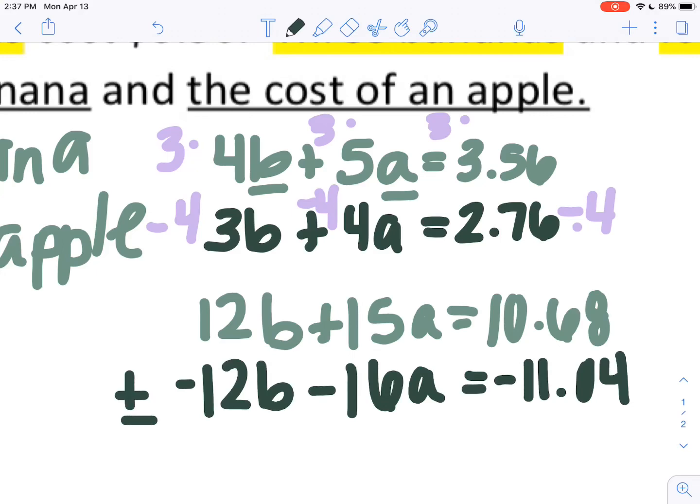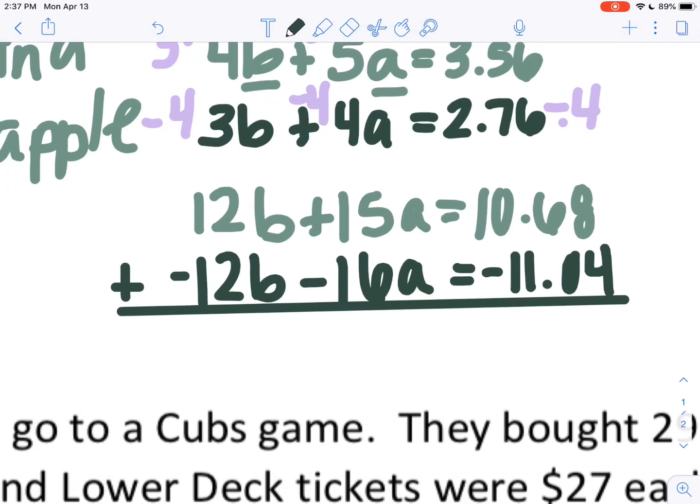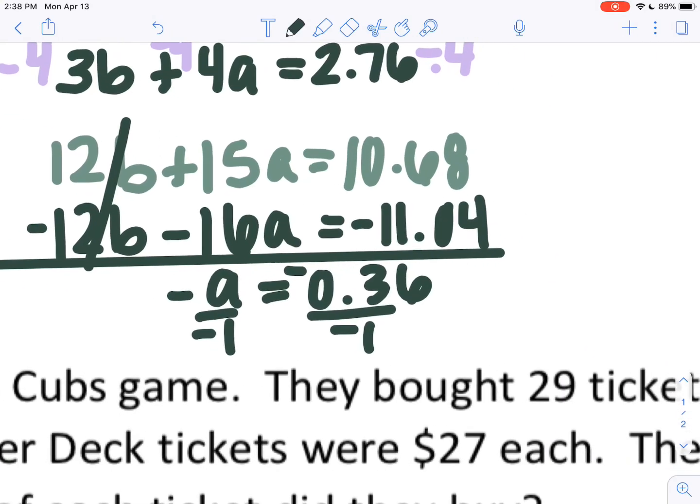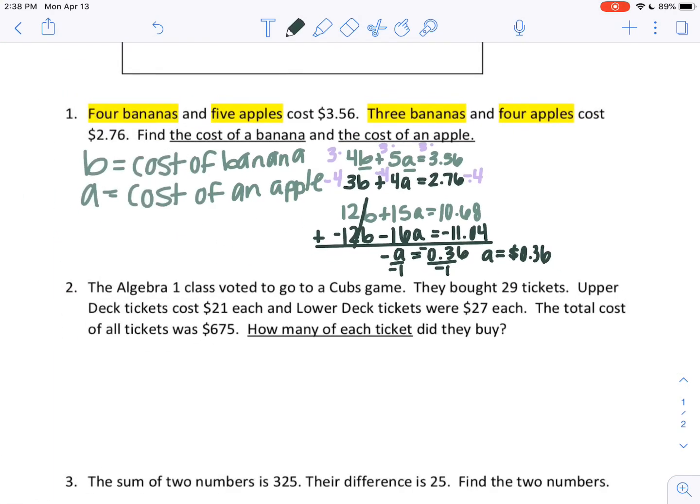Okay, now that my b's are the same numbers but opposite signs, I can add my two equations together. So I get -a equals -0.36, and I'm going to divide by -1, so A equals 36 cents.